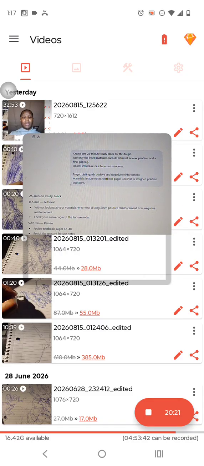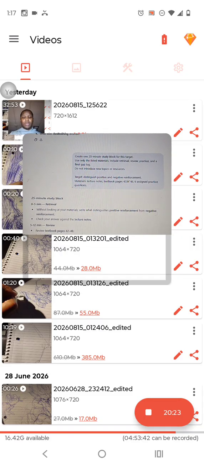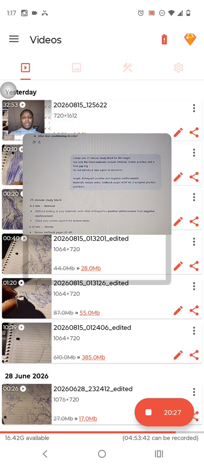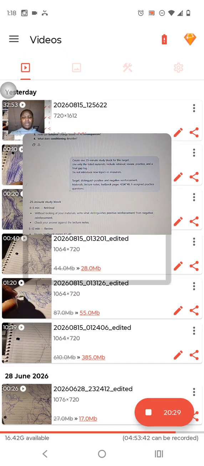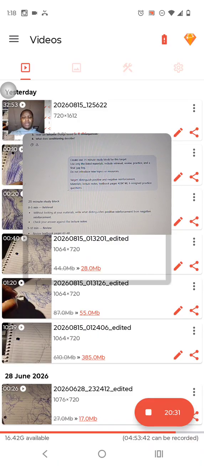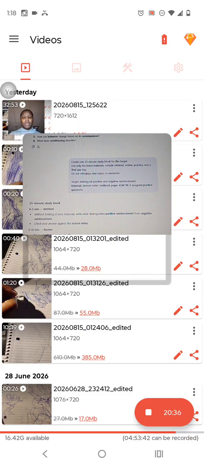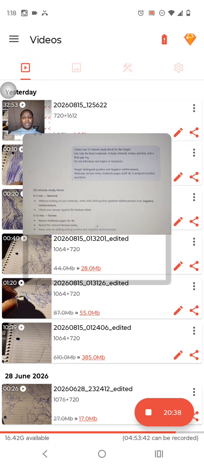Materials are lecture notes and textbook pages 42 to 48, and there are 6 assigned practice questions.